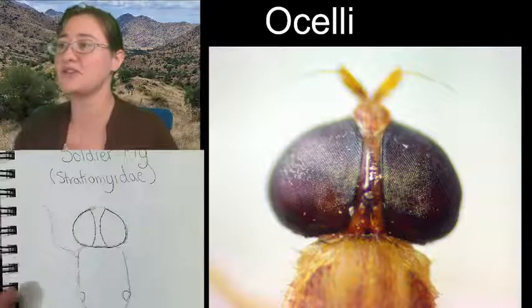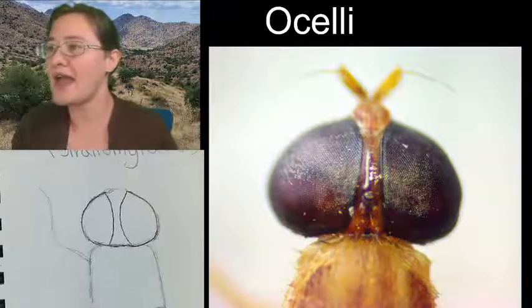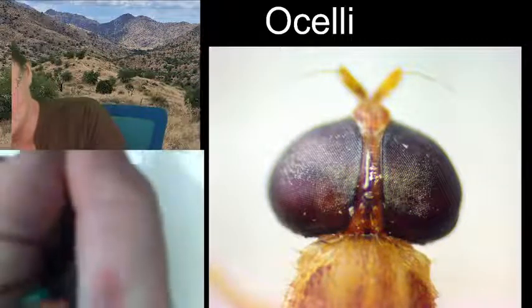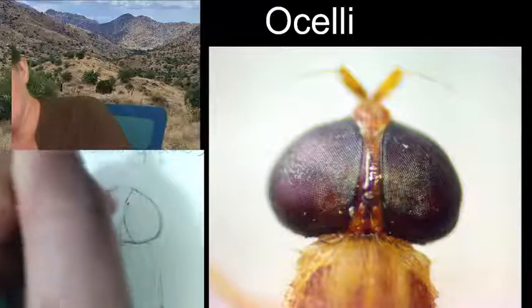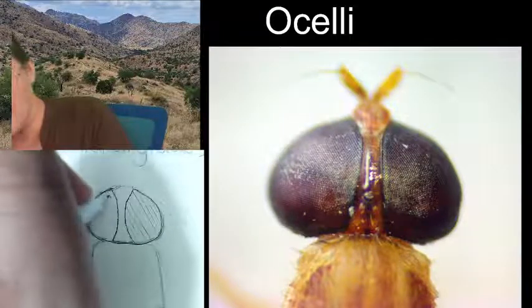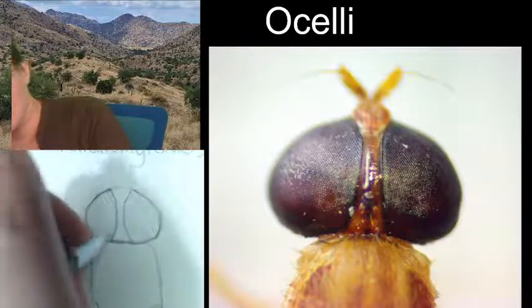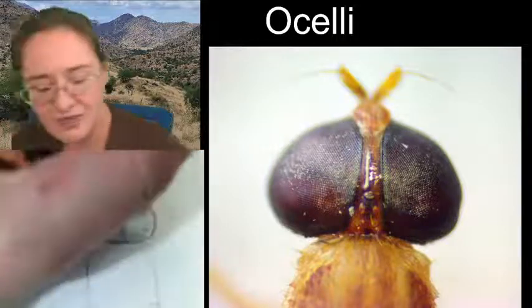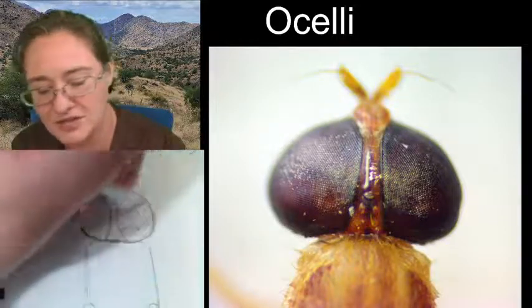All right, so that's going to be our compound eyes. You can go ahead and crosshatch in there so that you can show that there are lots of little segments in those eyes.